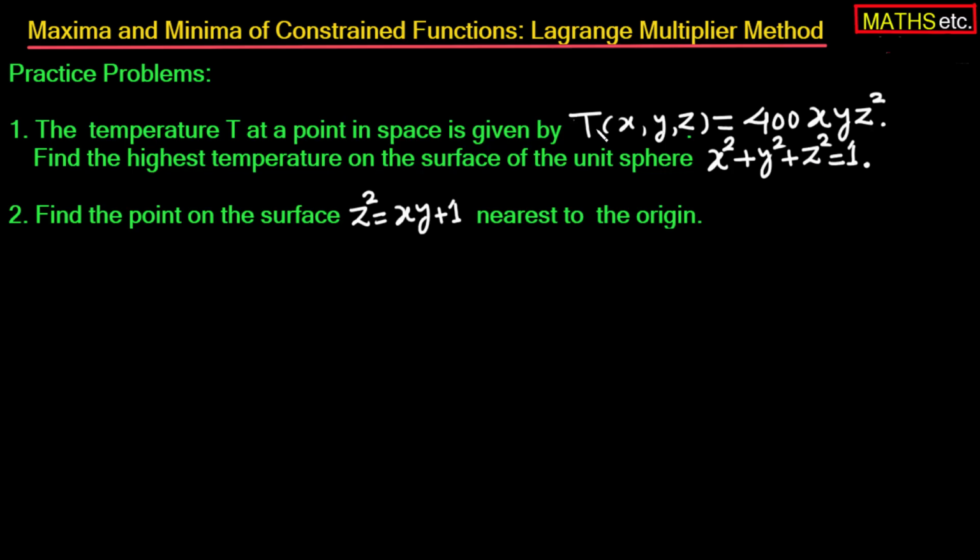You have to decide which one is the function and which one is the constraint, and then find the maximum value of the temperature. And the second problem: find the point on the surface that is nearest to the origin.